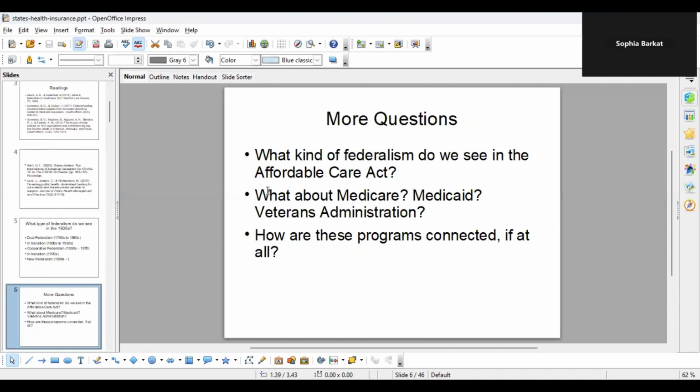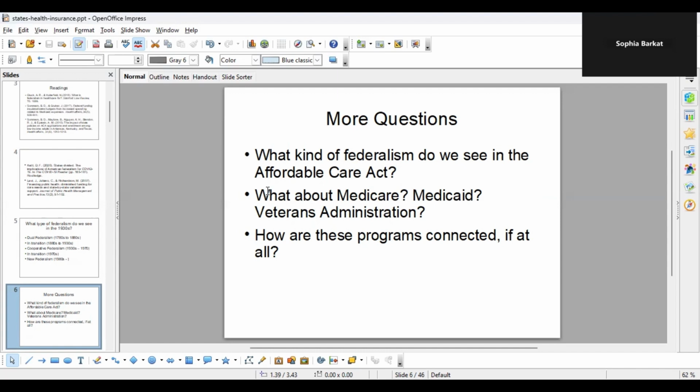So more questions that we're trying to ask are, what kind of federalism do we see in the Affordable Care Act? Of course, we see elements of cooperative federalism. But in general, we are in a much more relaxed space because we have gone through an era of questioning how much power the federal government should have in issues of general welfare.